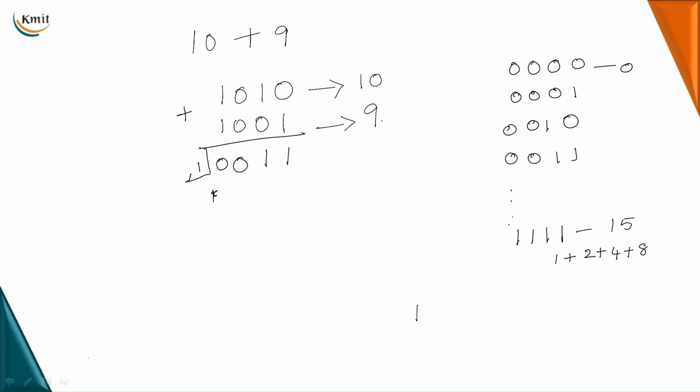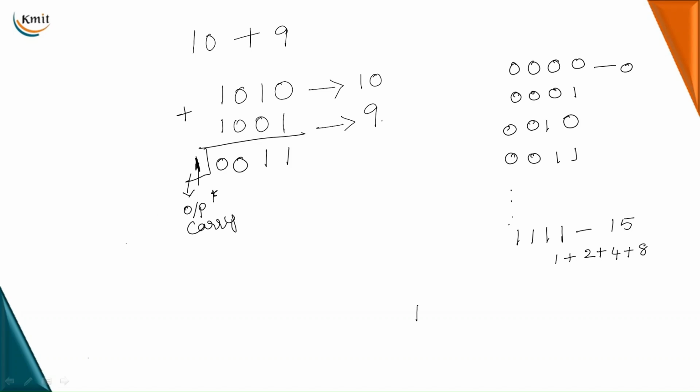So this 1 is nothing but my output carry. When you are getting an output carry bit as 1, it means that your result cannot fit in these 4 bits. You are moving out of the range. So we call this an overflow.